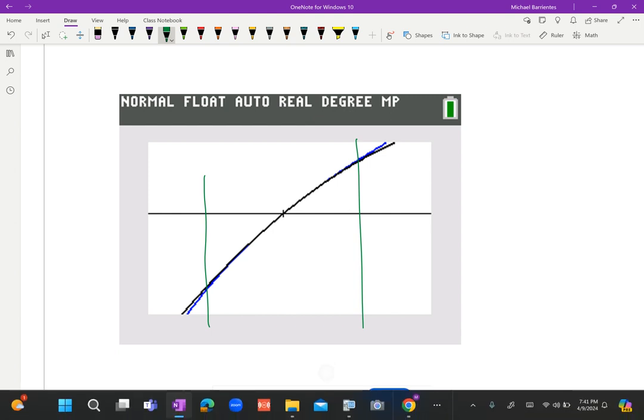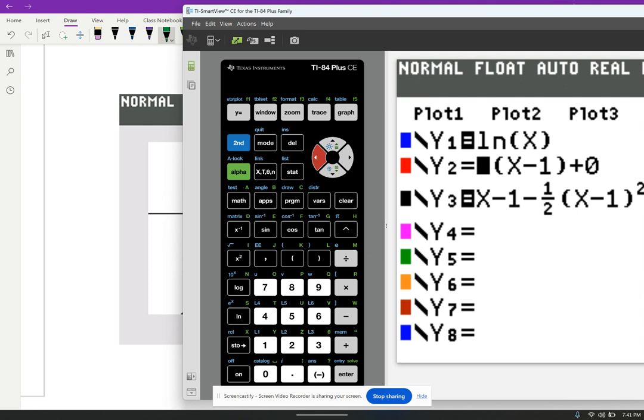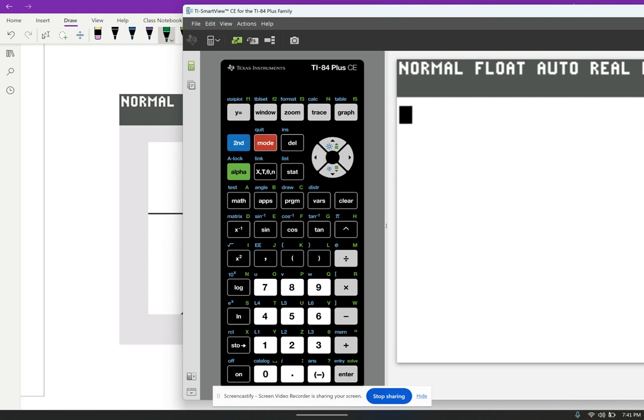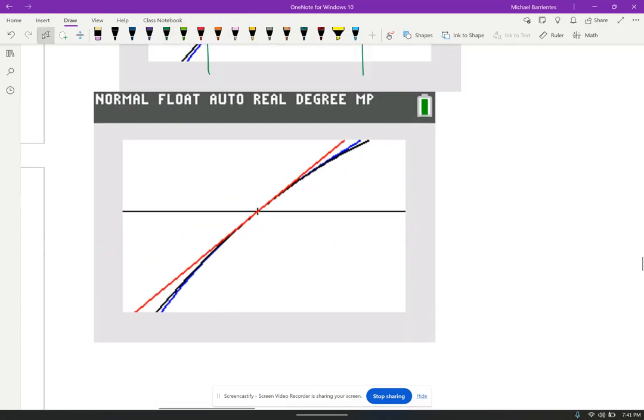And I guess I want to show also that when I graph this, and let's see if I can do the same thing over here. Oh, there it is. Nice. So notice how close the line is.